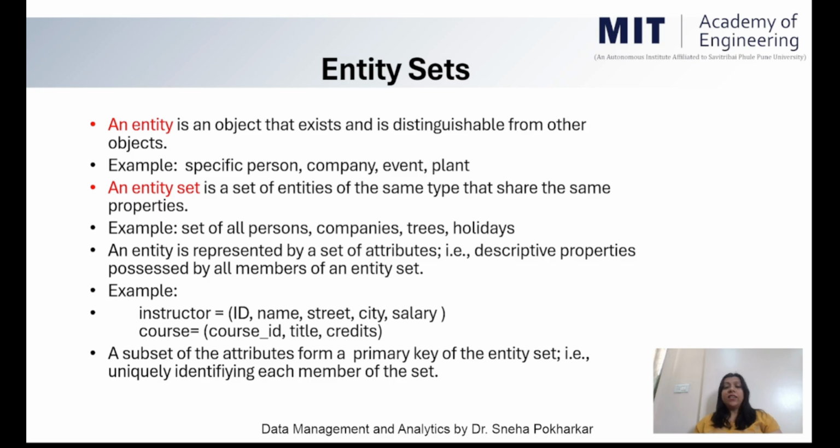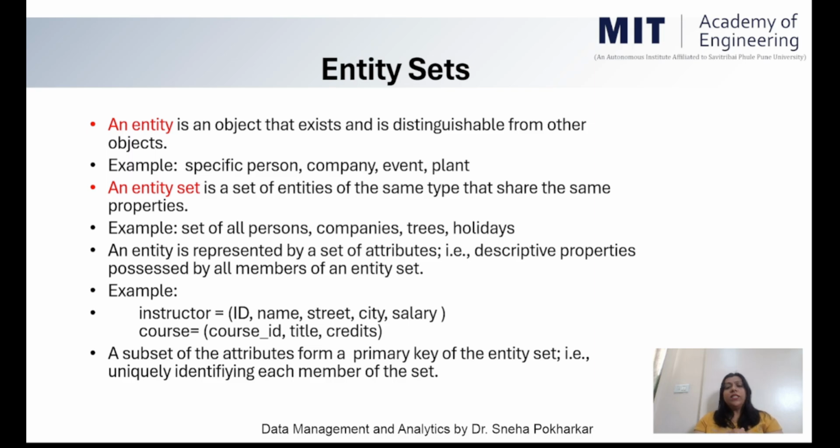An entity set is a set of entities of the same type that share some properties or attributes. A person has a PRN, permanent registration number, an Aadhaar number, some course selection, a roll number or division. It means this is nothing but the set of entities for the same person.